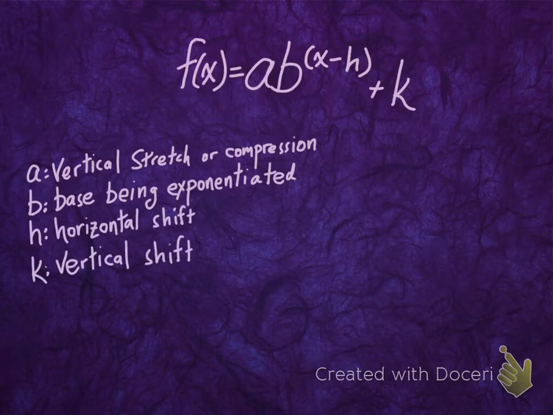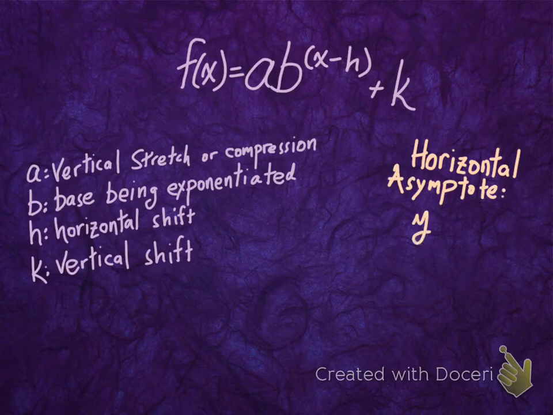And one of the things that we observed in the last video was that the horizontal asymptote, which is a feature of all exponential functions, is shown to you right there in the equation y equals k. Whatever that added or subtracted number is, that is in fact the horizontal asymptote.